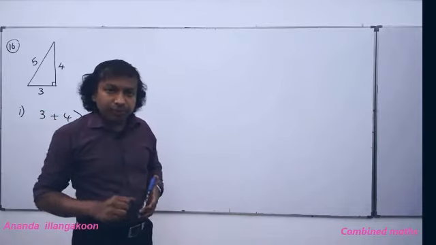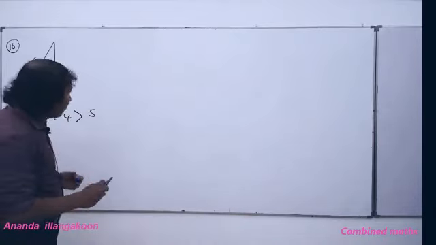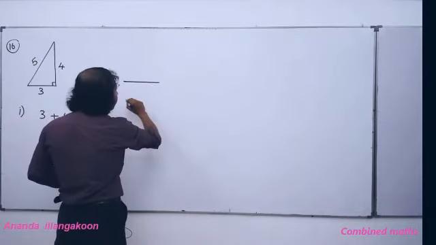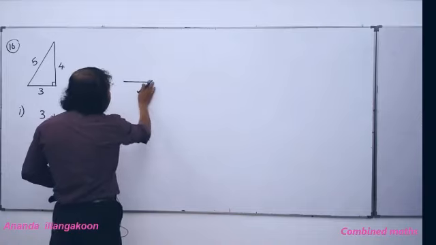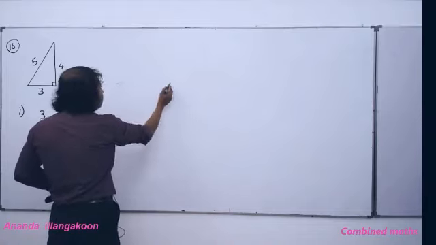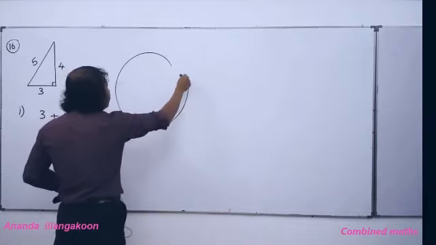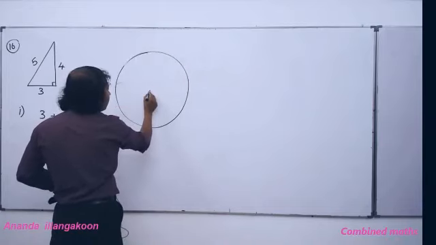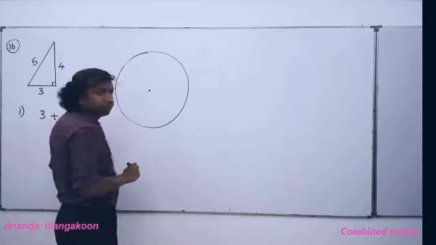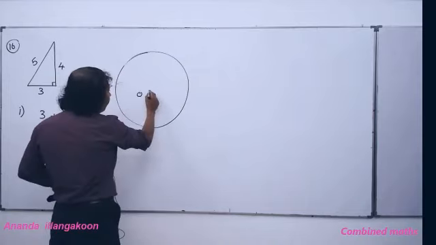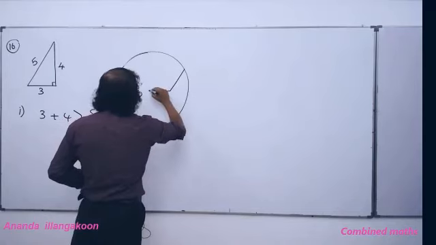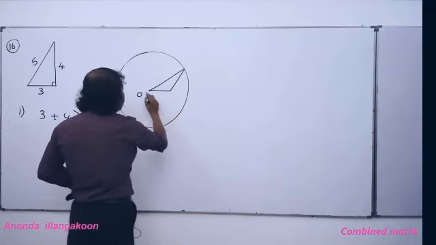People think like this. Now I am going to draw a triangle like this. A certain technique I take here to draw the triangle. Suppose this is a circle, right? Radius is this O. I draw a triangle like this. Right.